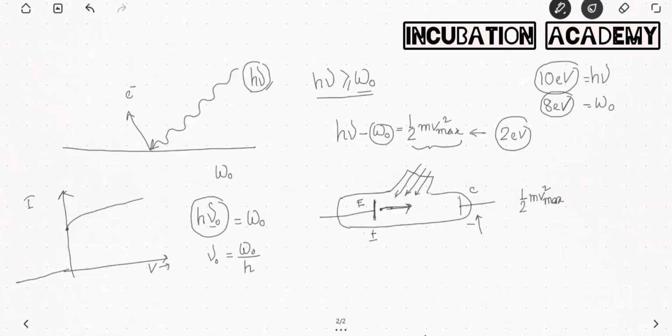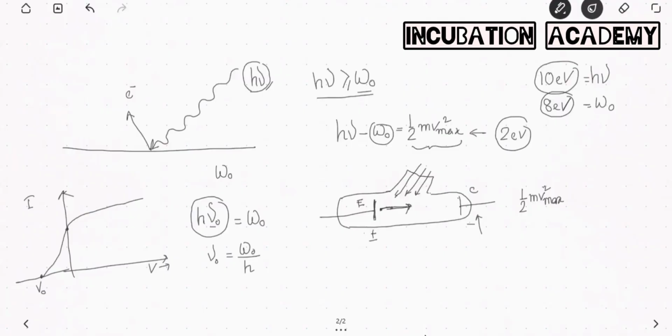But if you make the collector negative and start repelling the photoelectrons which come out from the emitter, the current will start decreasing, and at a certain value of V, the current becomes 0.